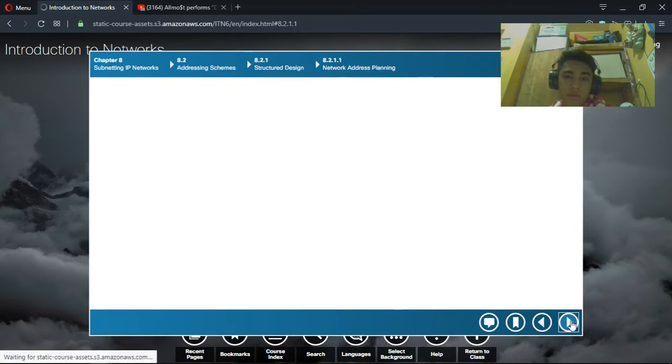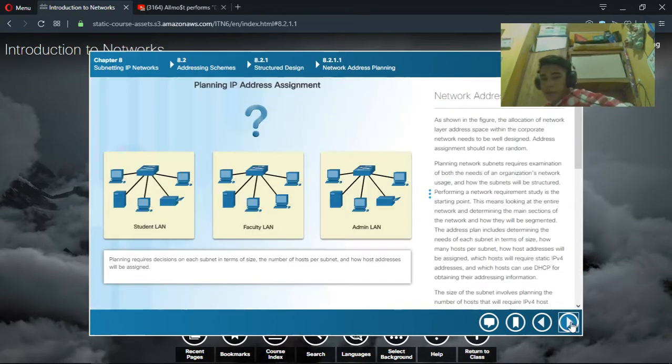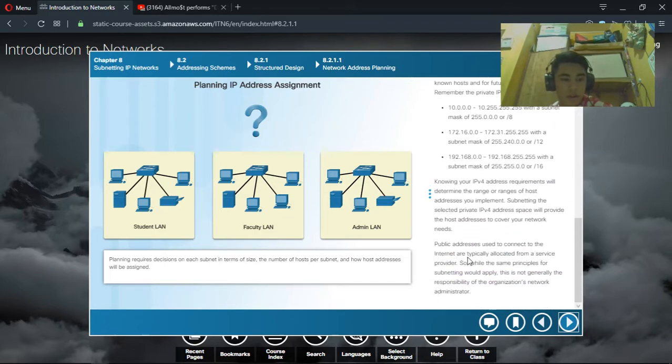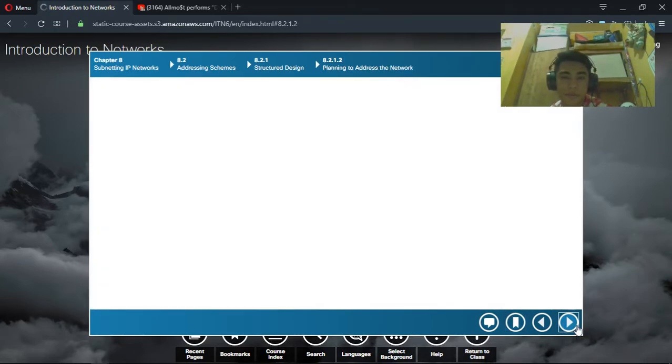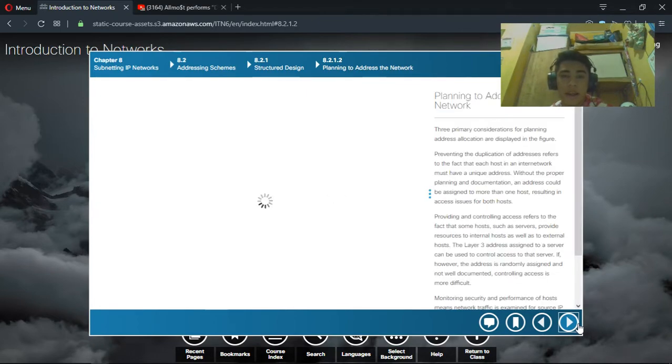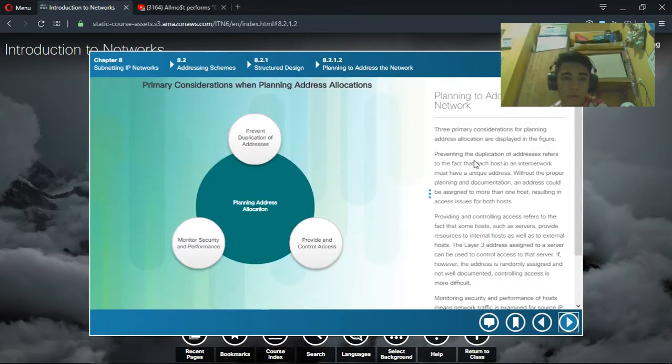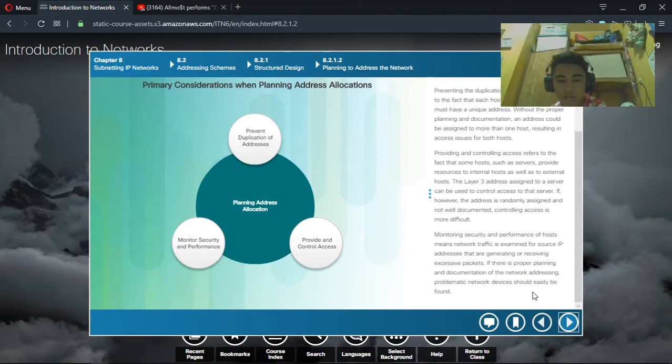Network address planning: student LAN, faculty LAN, admin LAN. Planning requires decisions on each subnet in terms of size, the number of hosts per subnet, and how host addresses will be assigned. Planning the network addresses prevents duplication of addresses, provides control access, and monitors security and performance.